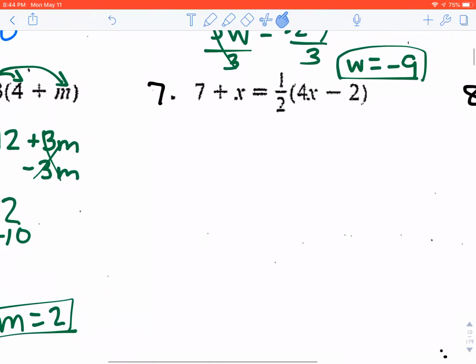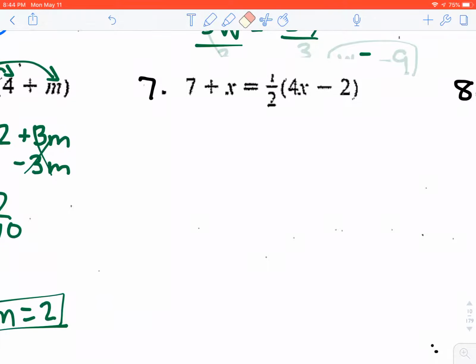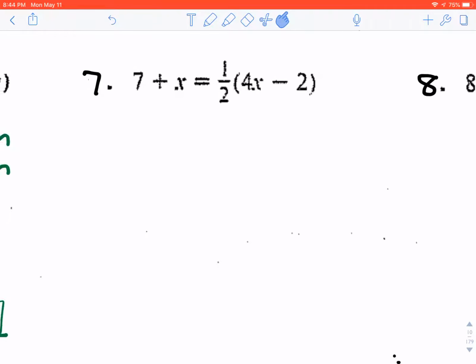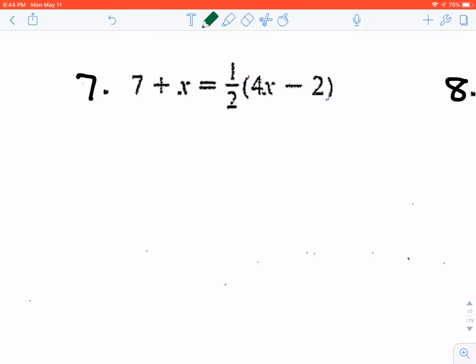Number 7. Here's the first time you're seeing on this page an equation with a fraction. So we are just distributing the fraction through. I am going to rewrite the 7 plus x first. When you have 1/2 times 4x, you can type that into your calculator as 1 divided by 2 times 4, which gives you 2.